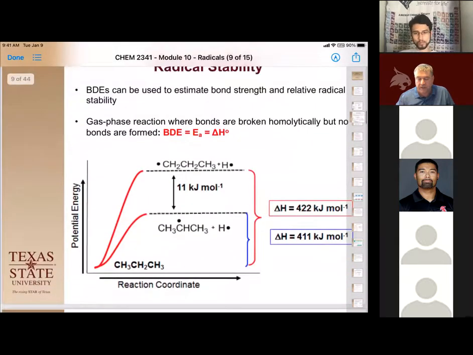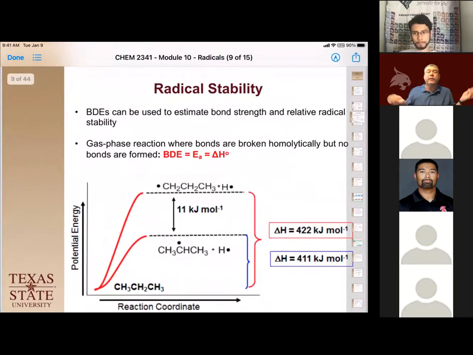Okay, so now that we've broken them apart, we have these radicals. Let's look at the stability of these radicals. Just like we had stability in carbocations, where the more substituted carbocation is more stable, we actually have a similar kind of stability trend in the radicals.